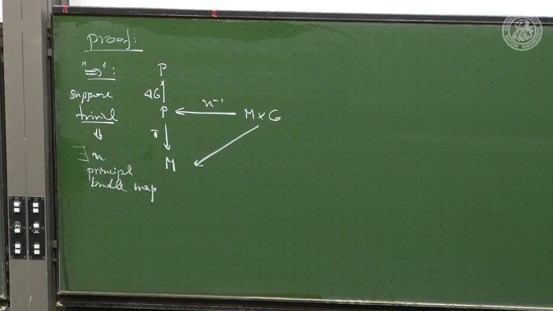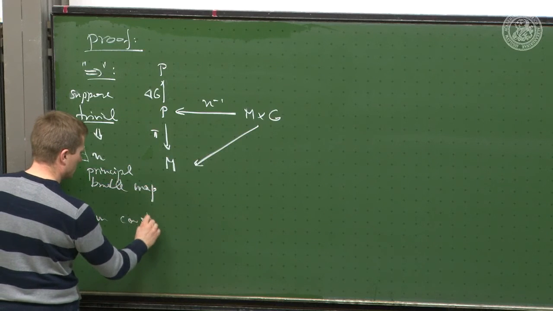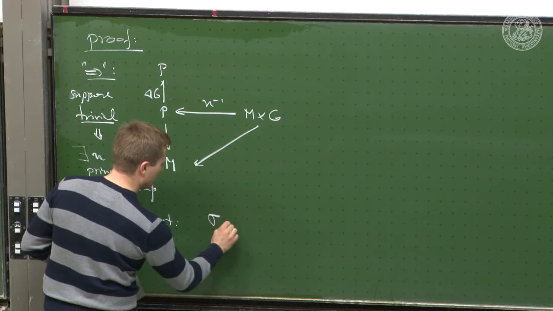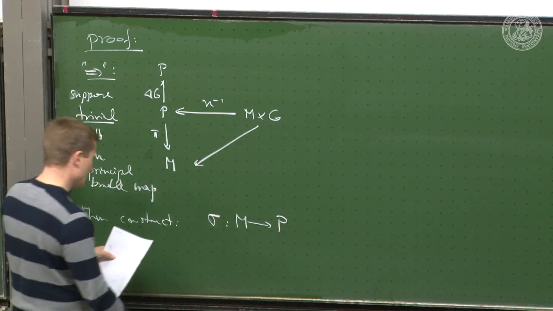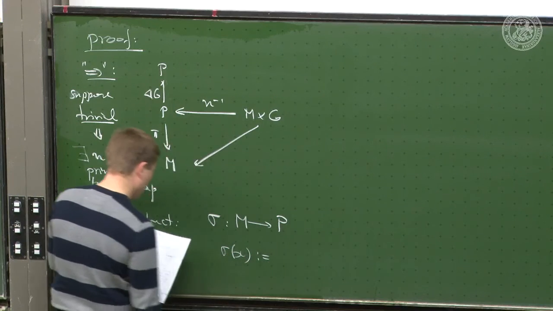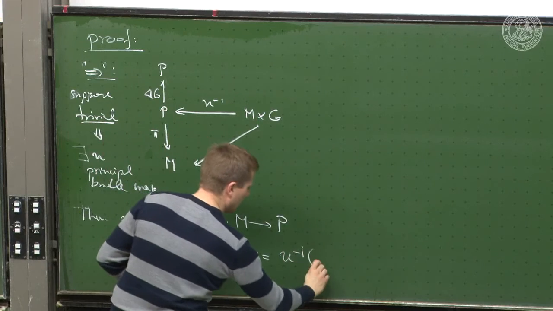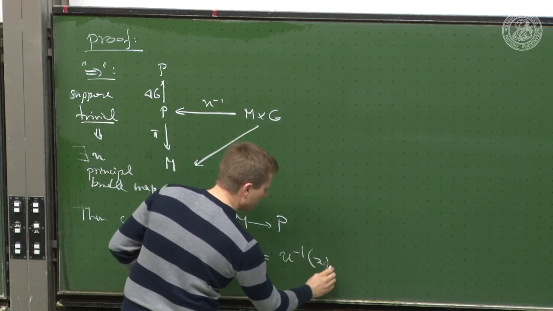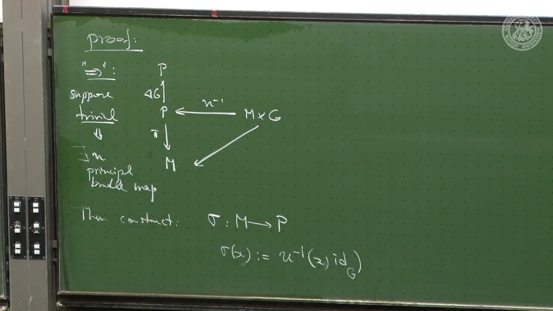That's the assumption, okay? But then we can construct a section sigma from M to P by virtue of letting sigma of x be defined as, well, I go back here and I take the point x which the section takes, and I simply substitute the identity of the group G over there.